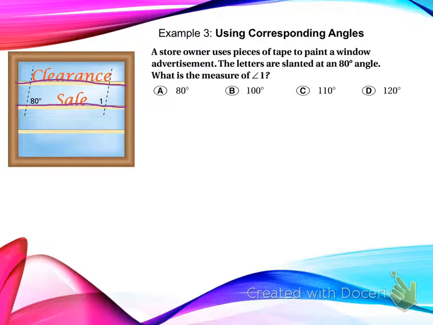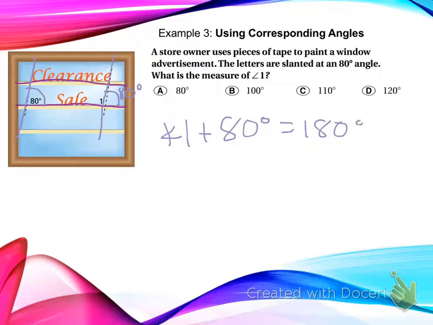And these parallel lines are being cut by these two transversals. So now we have corresponding angles. Notice that this 80 is going to correspond with this angle. So we know that angle is 80 degrees. But we notice that angle 1 is supplementary, meaning that it adds up with that angle that's labeled 80 degrees to make 180 degrees. So that means that angle 1 is actually 100 degrees. So the answer would be B.